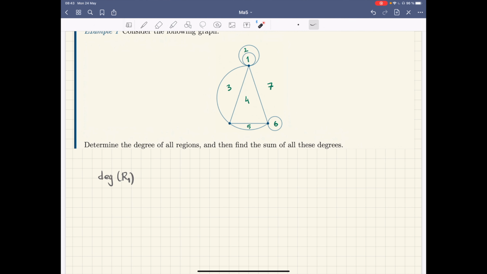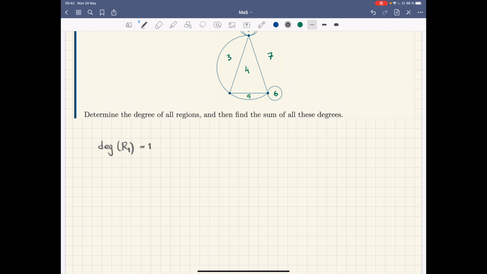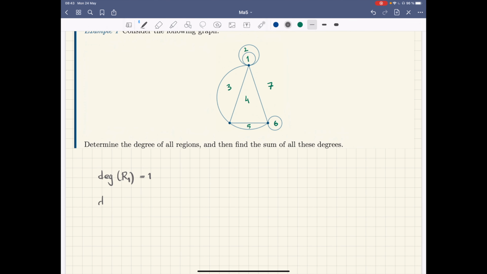So I would say the degree of region 1 is defined to be 1. Now can you tell me what is the degree of R2? R2 is here, you see. How many edges do you see in the boundary? 2. One is coming from this part of the loop, and one from this part of the loop. So the degree of this region is 2.